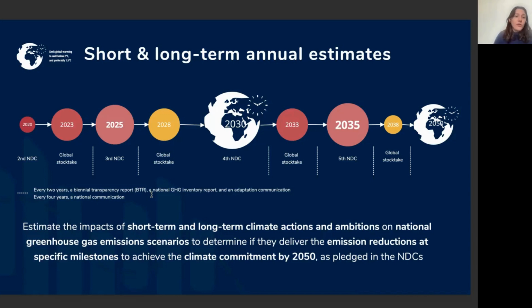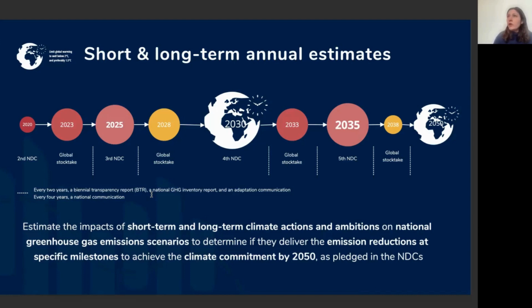For the second round of NDC, then every 2 years for biennial transparency reports, a national GHG inventory report every 2 years, adaptation communication, and then every 4 years, national communication, and so on.